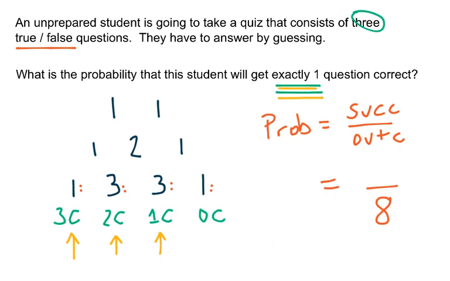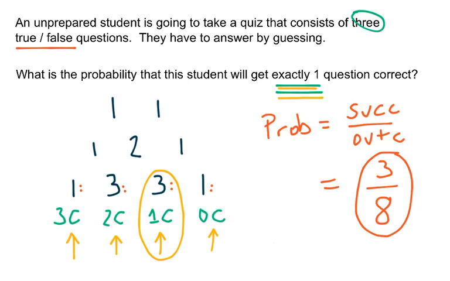Exactly 1 question correct. So this is going to be a place where we see successes. And then finally, 0 correct. Is that exactly 1? No, it's not. So I have 3 successes and 8 outcomes. So the probability that this student will get exactly 1 question correct is 3/8.